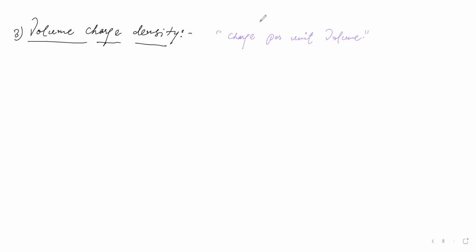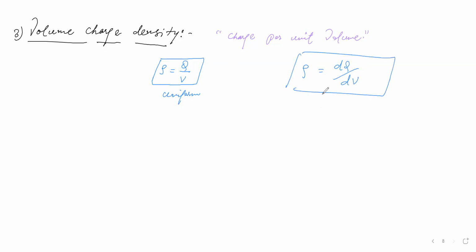The formula will be Q over V. Volume charge density is denoted by rho is equal to Q over V. This is used for uniform, and it will be dq over dV for uniform and non-uniform. Note it down, please.